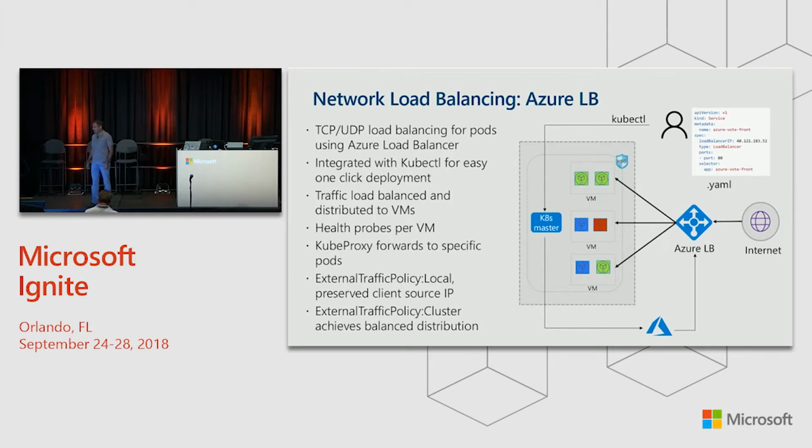You can come up with a YAML file and say, I want a load balancer on this IP address on this port. He takes the YAML file, does a kubectl command to the master, and the Kubernetes master talks to the Azure load balancer in the background and sets it up. Now, the load balancing happens to all the VMs of the AKS nodes, and from inside of that, a kube-proxy will distribute the traffic to other pods. So very easily we are able to bring the load balancer to work with the pods using this mechanism, right?